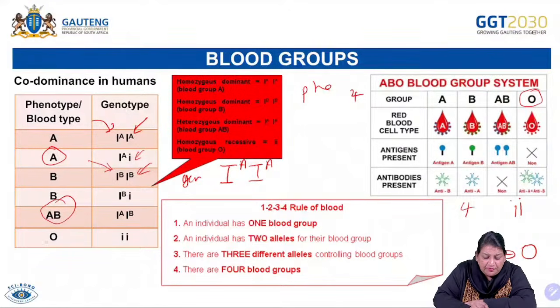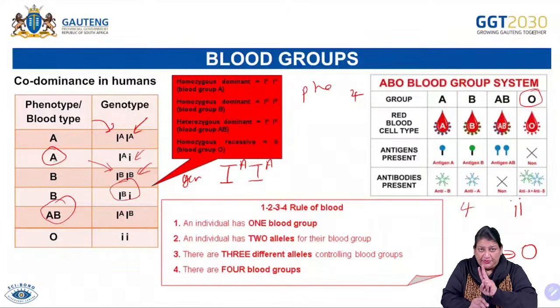For you to see blood group O, you must have two small letter i's. The recessive alleles have to be together. That means homozygous recessive. When you see the O allele in a heterozygous state, you'll see the dominant allele showing in the phenotype. When you see blood group A, it is dominant, so you don't see the recessive allele because the dominant A allele is showing in the phenotype.